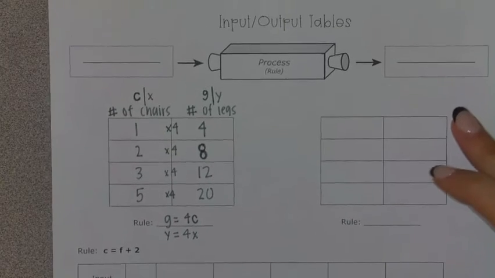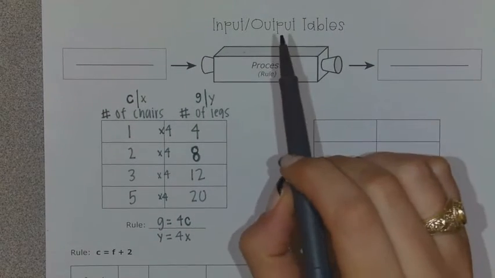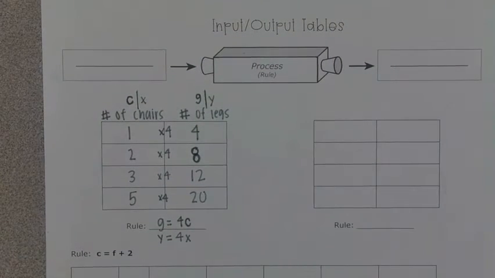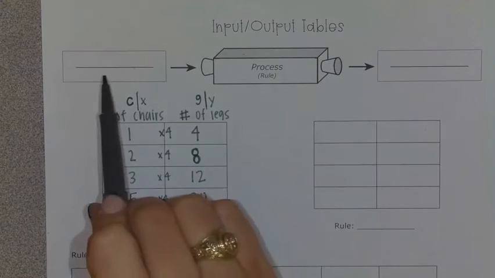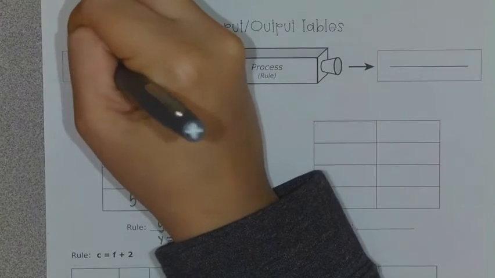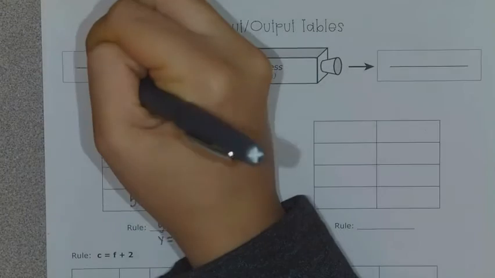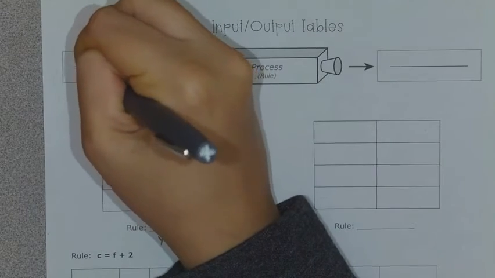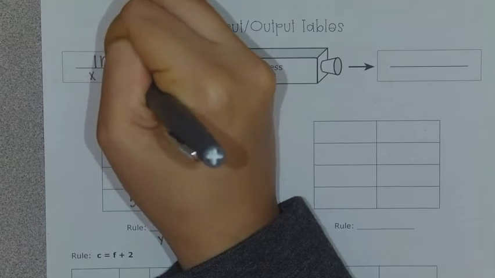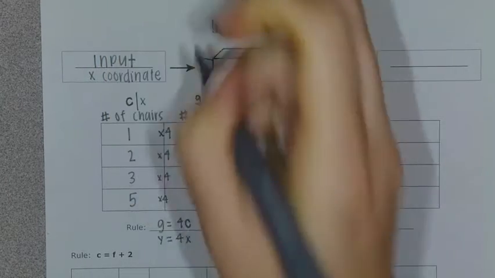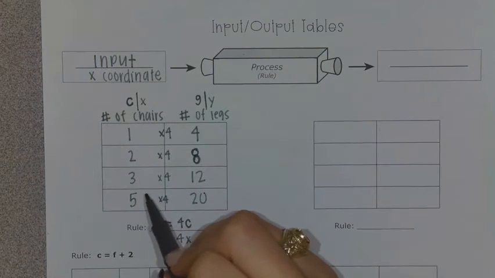So this is what we call input output, okay? And we see it in tables, we see it in graphs. We're going to focus really on the tables today. But what's happening here is you're going to input something. So the input goes first. And the input is whatever your x coordinate is. So again, we can take the 1, the 2, the 3, the 5.